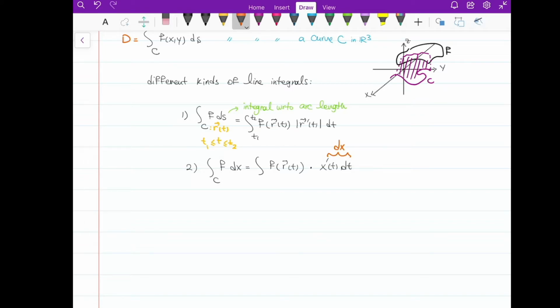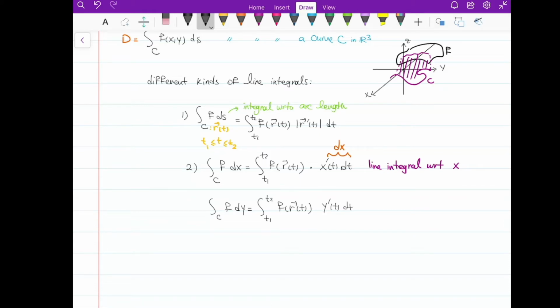This integral is the line integral with respect to x, from t1 to t2. The other one would be f dy, which is exactly the same thing, except that instead of dx, I have y prime of t dt.